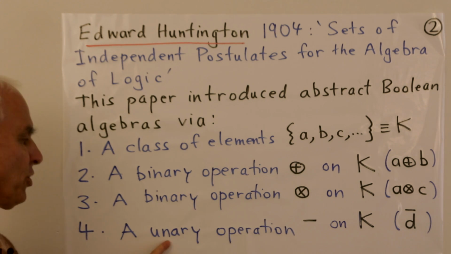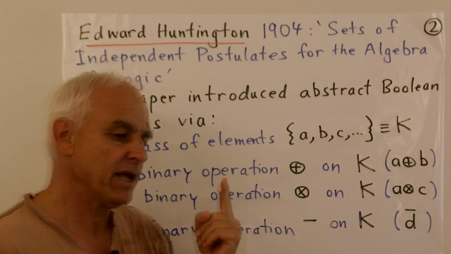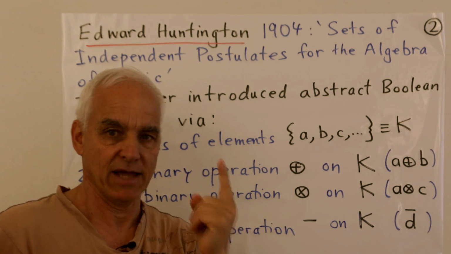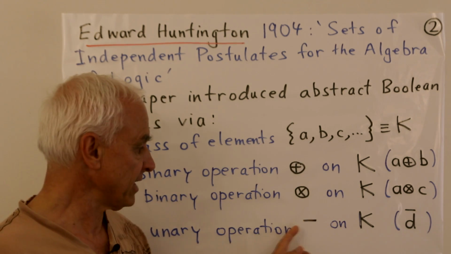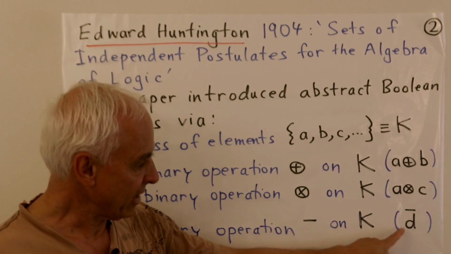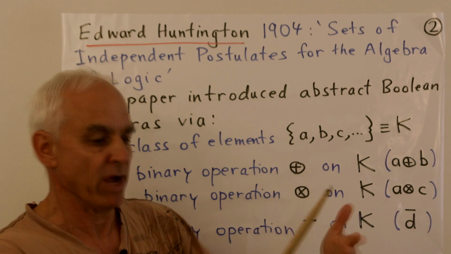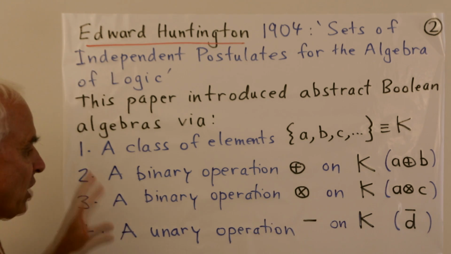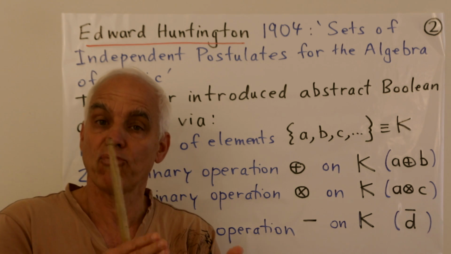Then there's a unary operation, unary as opposed to binary, meaning that it only accepts one object as an input. So it takes one of these things and churns out another one. This is the bar operation, and so if D is an element here, then D bar is this operation. Okay, so we're just going to assume that we have these things subject to some certain properties.